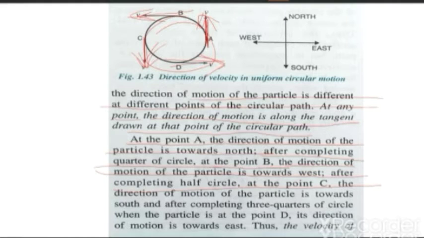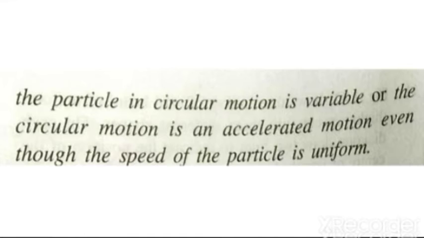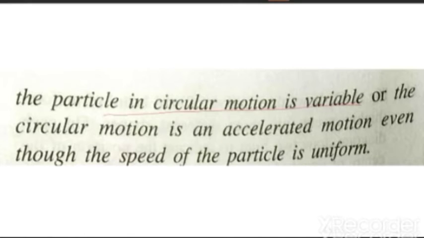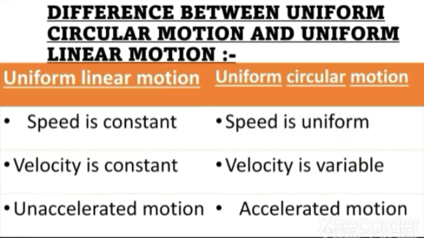And after completing 3/4 of the circle, when the particle is at point D, its direction of motion is towards east. Thus, the velocity of the particle in circular motion is variable, or the circular motion is an accelerated motion even though the speed of the particle is uniform.